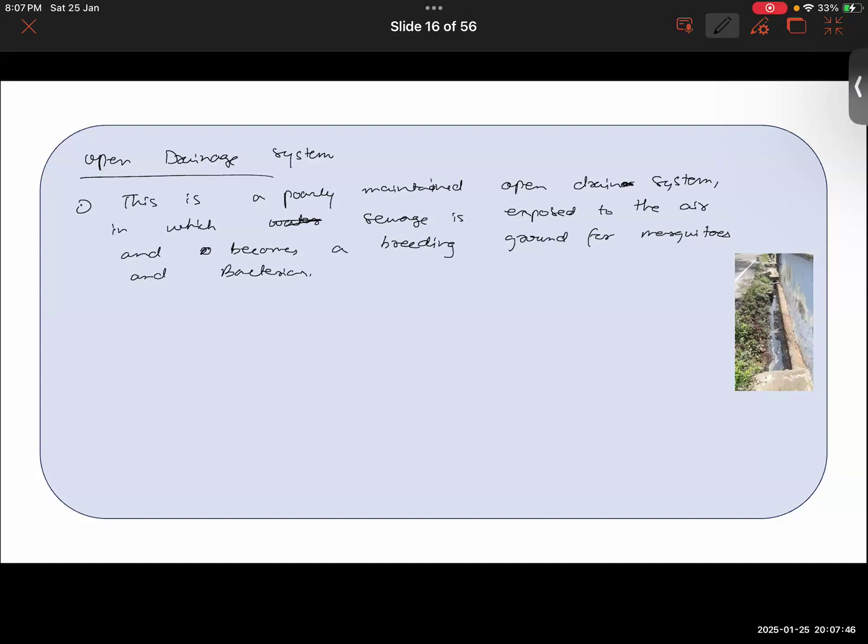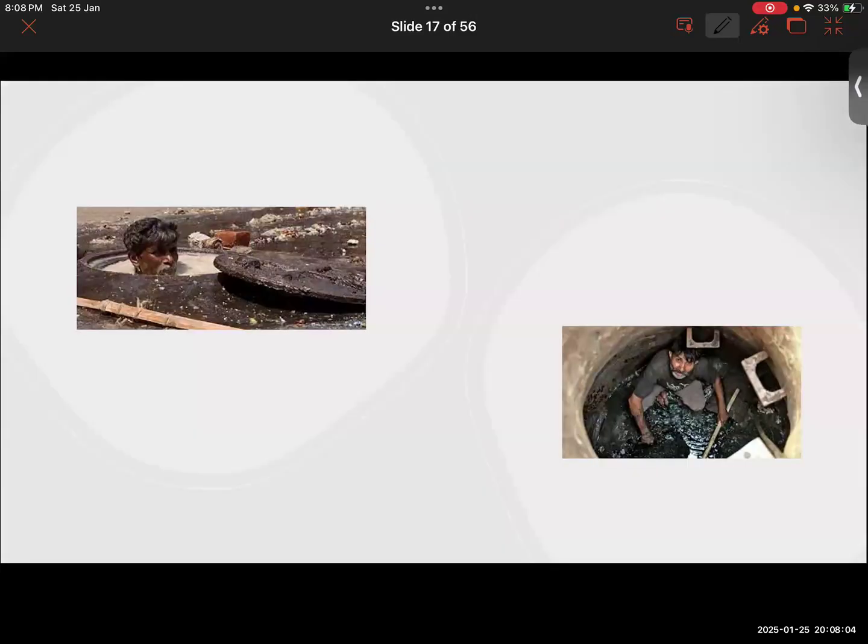Yes, sir. It will. So that is one big problem associated with this. Okay. So it is poorly maintained and leads to a spread of disease. Okay. So that was about the open and closed drainage system.